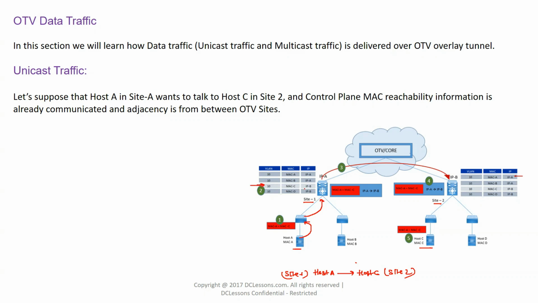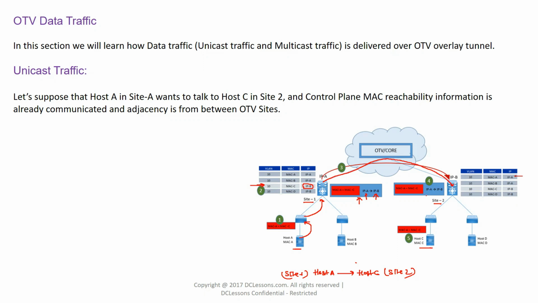It will see that MAC C is connected over IP B, which is via the OTV tunnel. So the Ethernet frame is encapsulated with the OTV header, where the source IP is IP A and the destination IP is IP B. And then over the join interface, it will be routed to the join interface of the site 2 edge device.